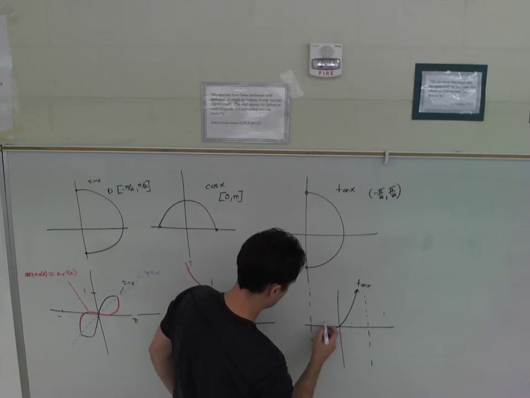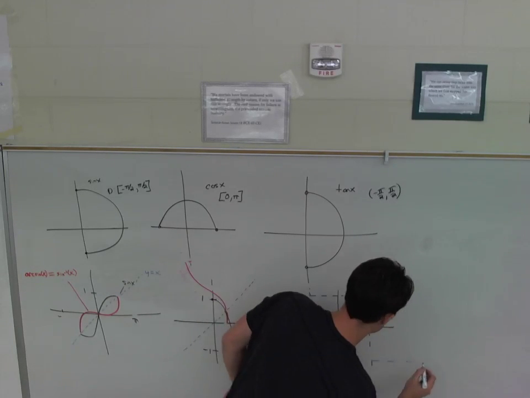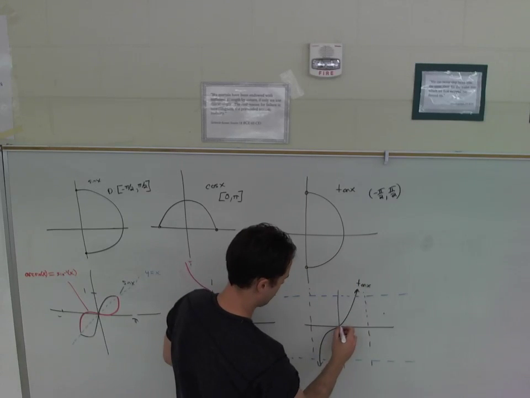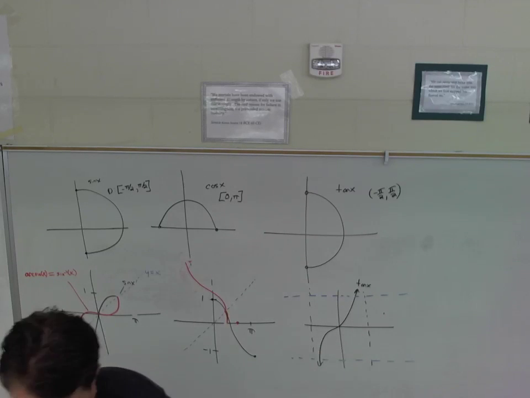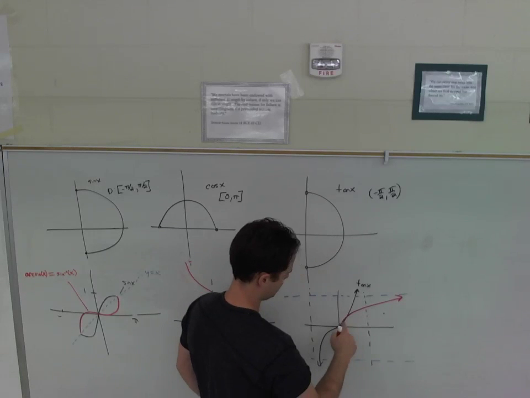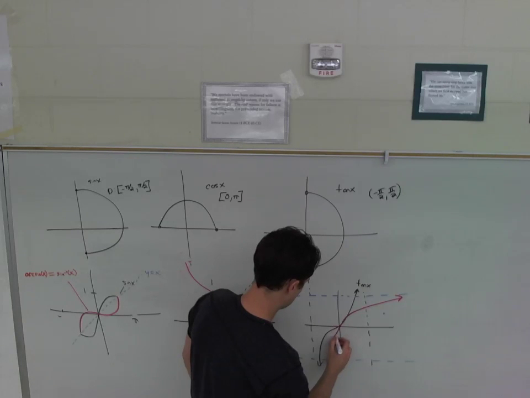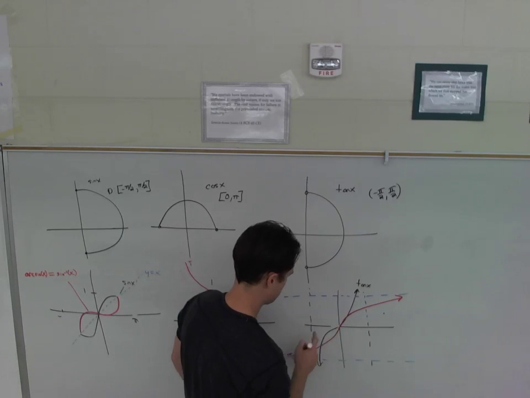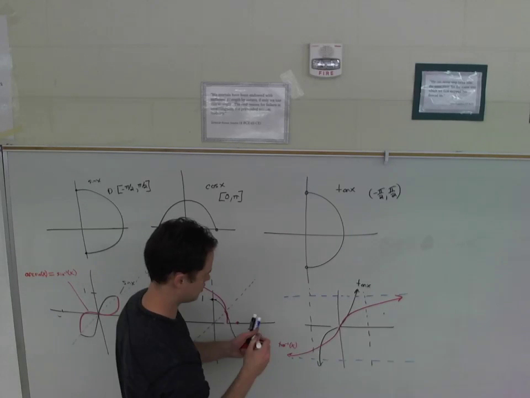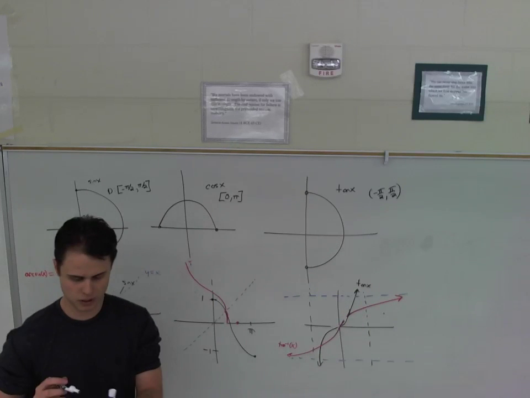And it's going to look like... That should really be crossing. I see. So there's my inverse tangent of x. I should really have this coming down a little bit below there. You get the point, I think.